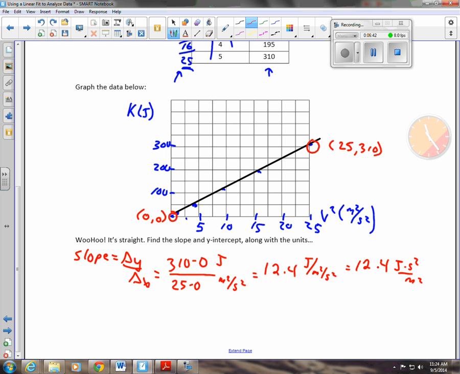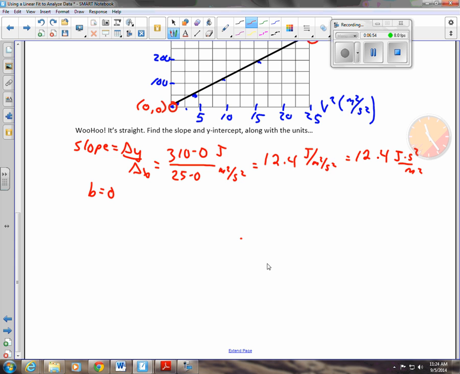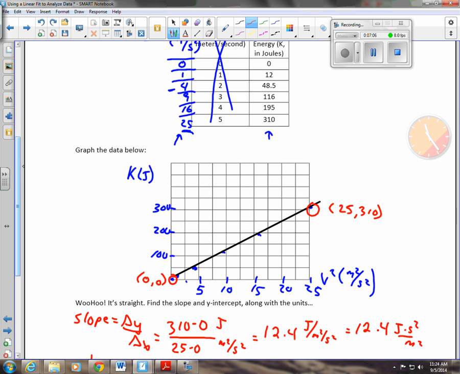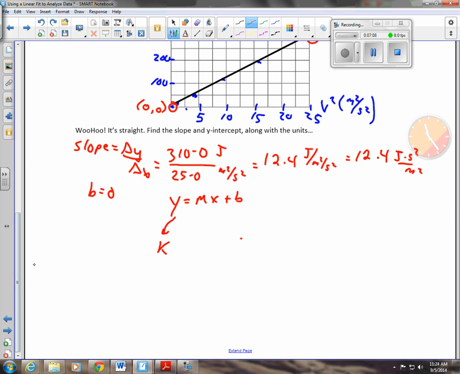Now, my intercept, I just look at the graph, it crosses at 0, 0, so my y-intercept is 0. So now, I'm going to use my y equals mx plus b, and I'm just going to substitute in where I see y, I'm going to put K, because on my y-axis was K. And then equals, my slope was 12.4 joules second squared per meter squared.